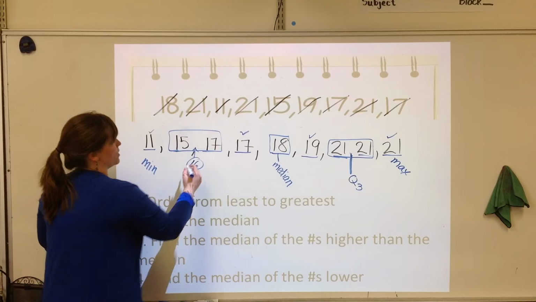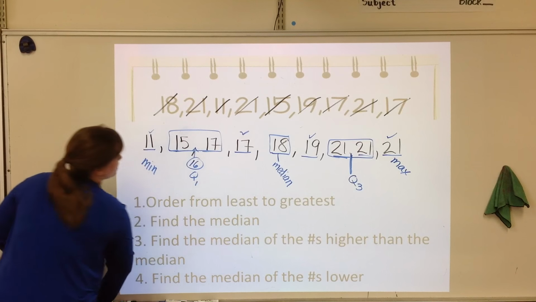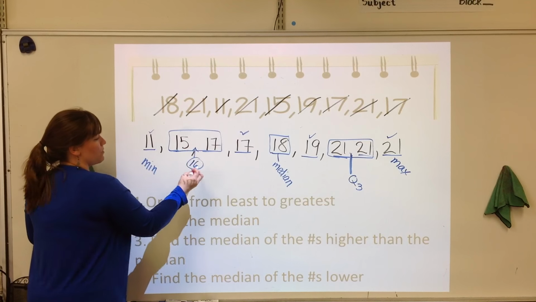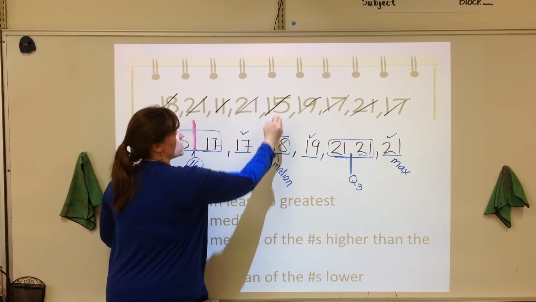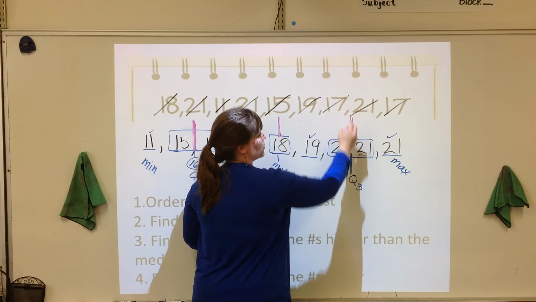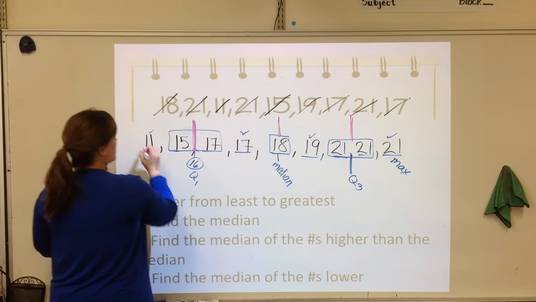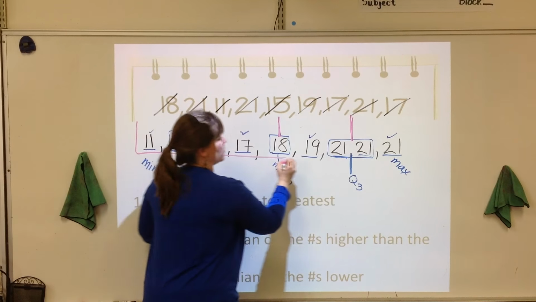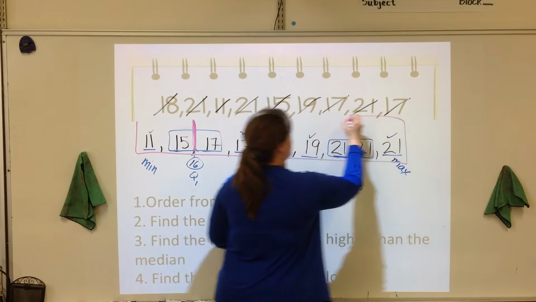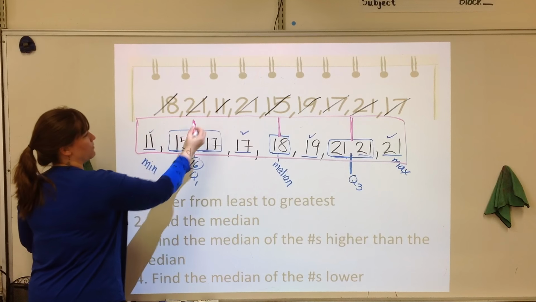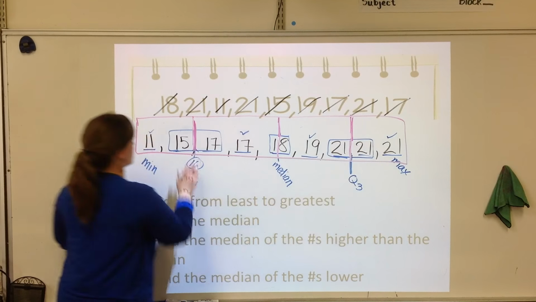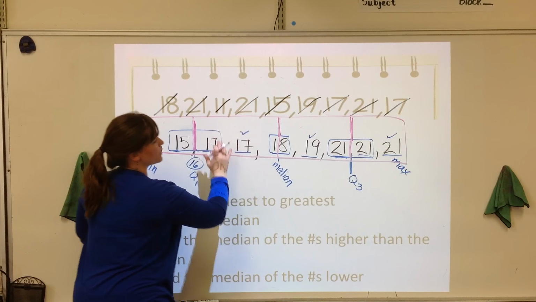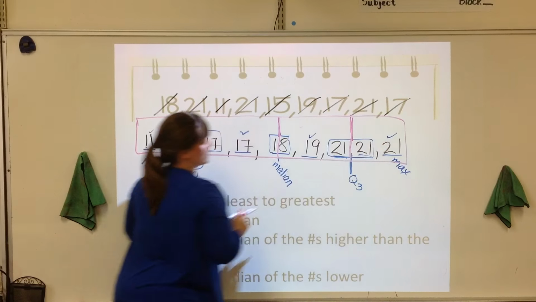So what I've done here, I'm going to use pink so that you can see it. This spot 16, this spot 18, this spot 21 has just divided this whole spread of numbers into 4 equal pieces. And if you see the 4 boxes, here's the first box, second box, third box, fourth box.